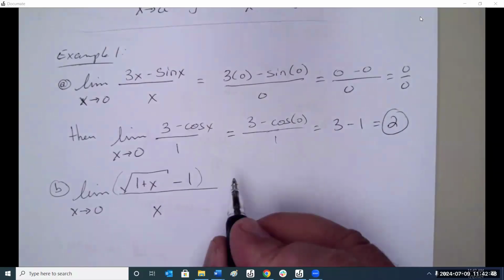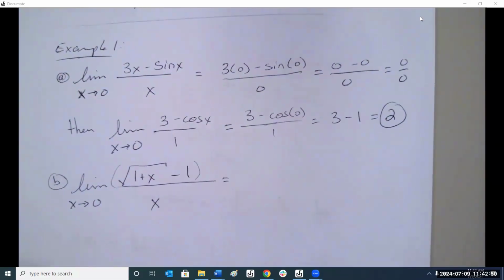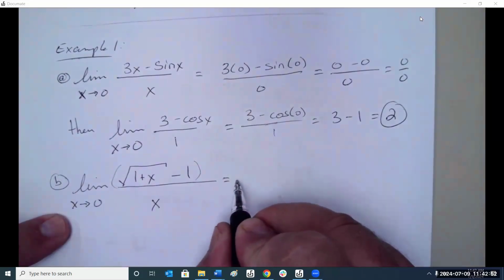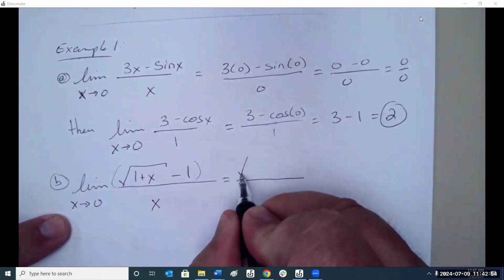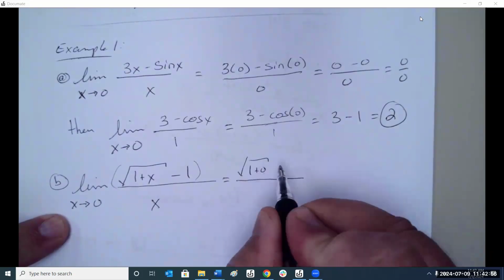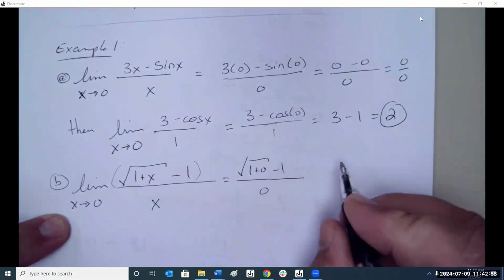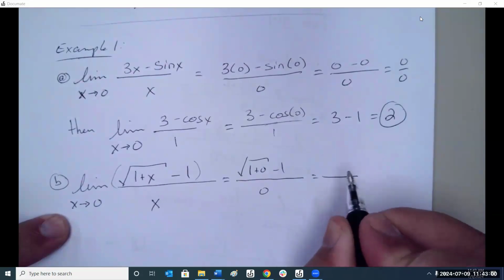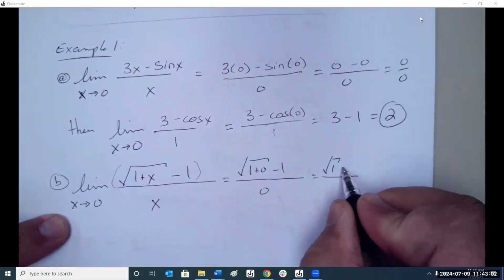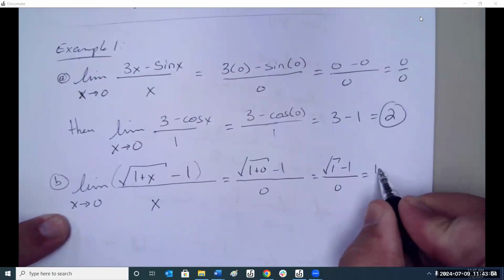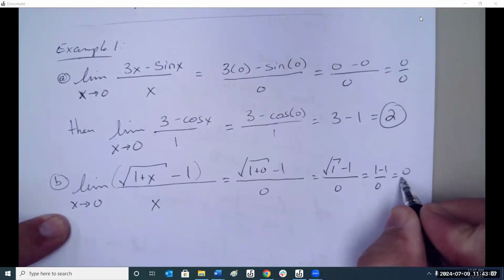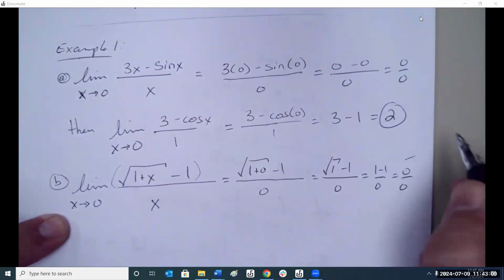That is too much work. So let's use L'Hopital's rule. First step, plug in 0. We got 0 over 0.